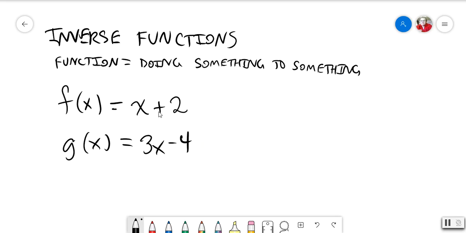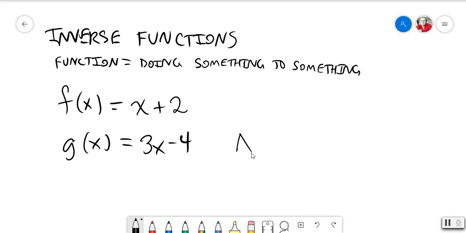In the case of f(x), I'm only doing one thing to it, I'm adding 2 to it. In the case of g(x), I'm doing 2 things to it, I'm multiplying it and subtracting from it. Okay, well, inverse is opposite. So an inverse function means I did something to something, now I want to undo that.